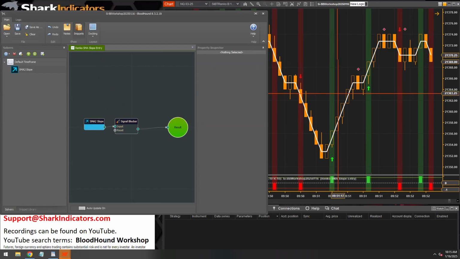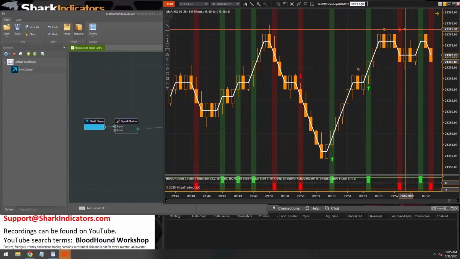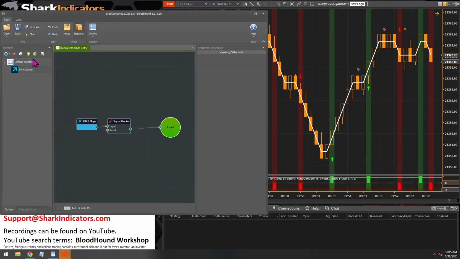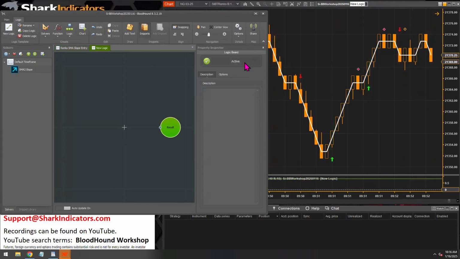And now let's build those exit signals here, right? So whenever that SMA goes flat. Yeah, so I'm going to create a new logic template. So let's go to the logic tab here, and here we can add a new logic template there.